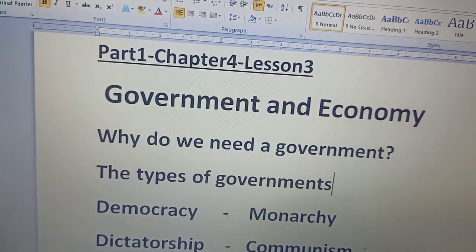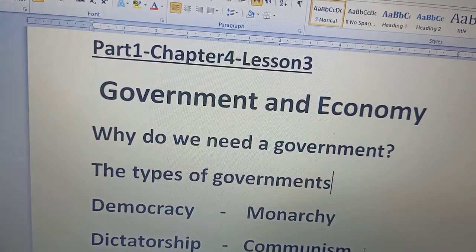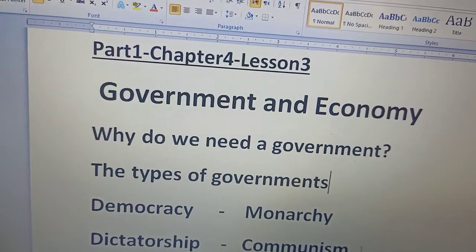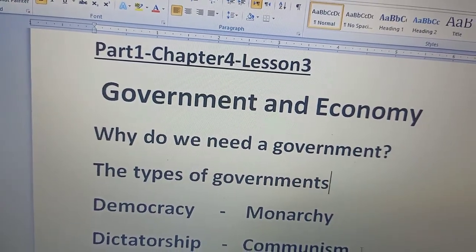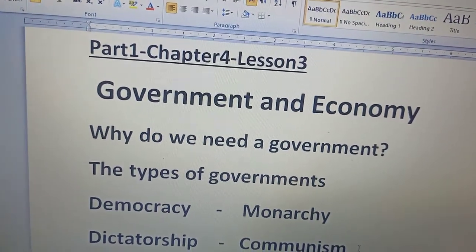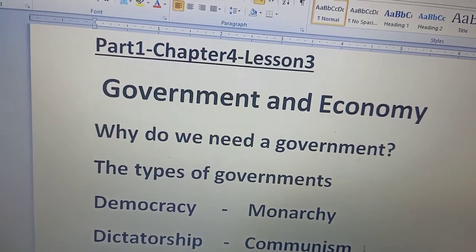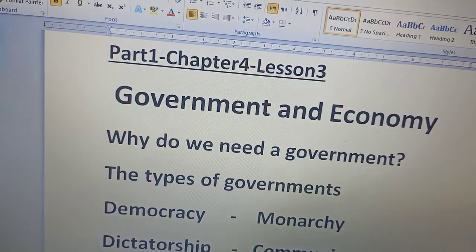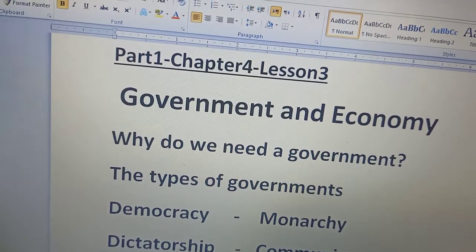The fourth type, communism. Communism is a system in which the government owns all property and dominates all aspects of life in the country. Property means power and dominates means controls.